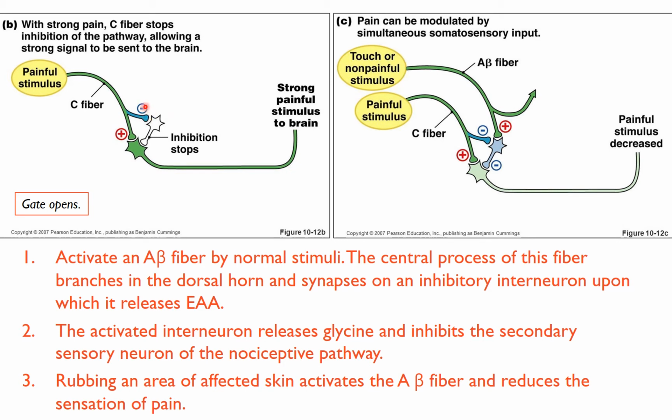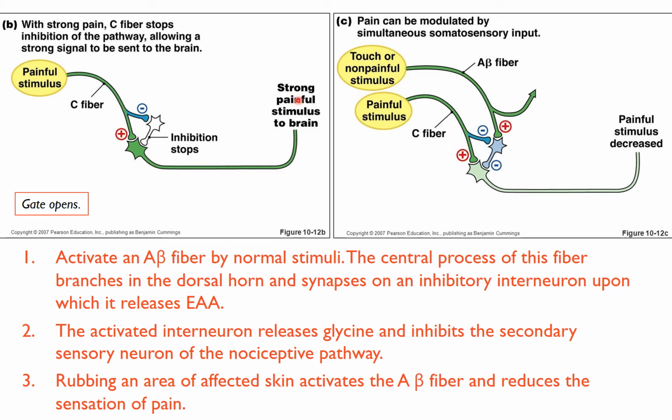So if you inhibit an inhibitory interneuron, that means inhibition stops. Therefore, this secondary sensory afferent is able to transmit pain. We call this the gate has been opened. And the gate has been opened because this inhibitory interneuron swings open and you're able to get a signal passed on up into the brain.